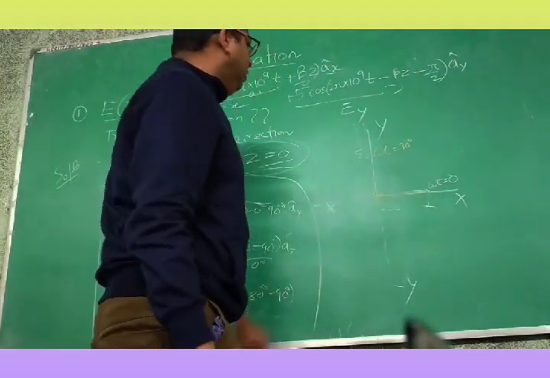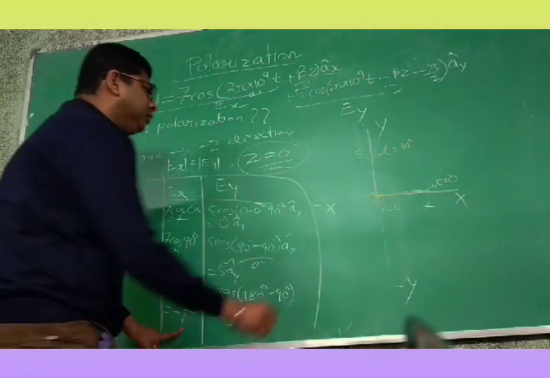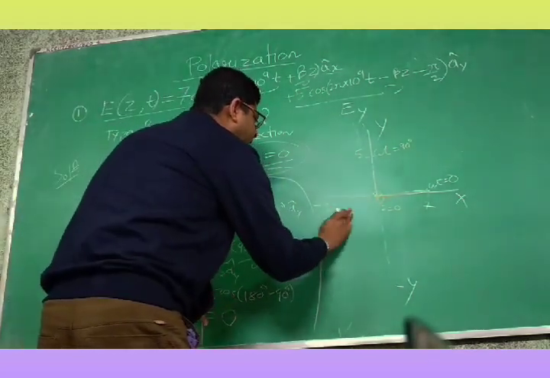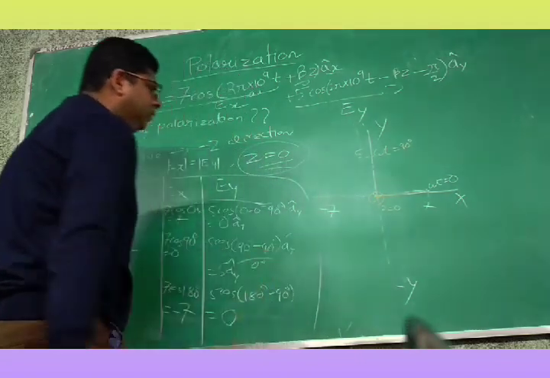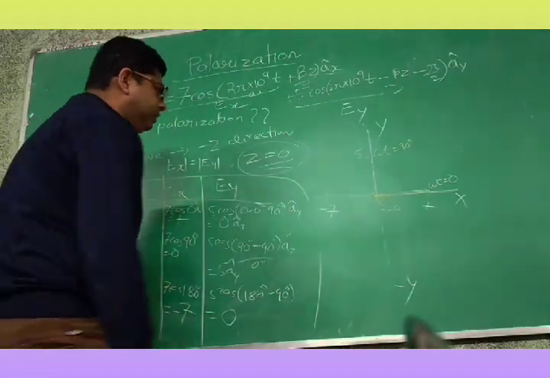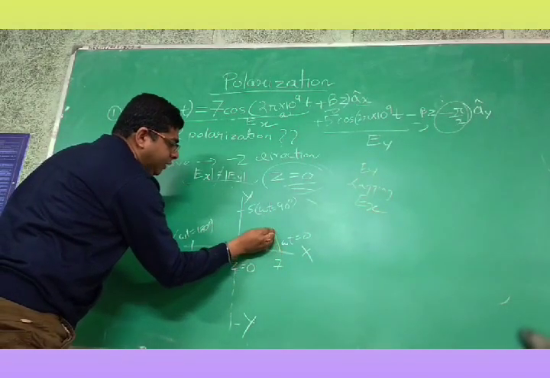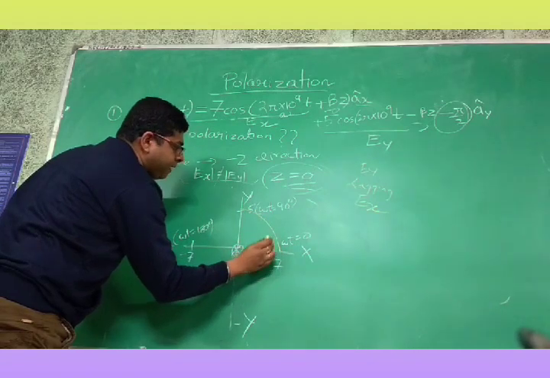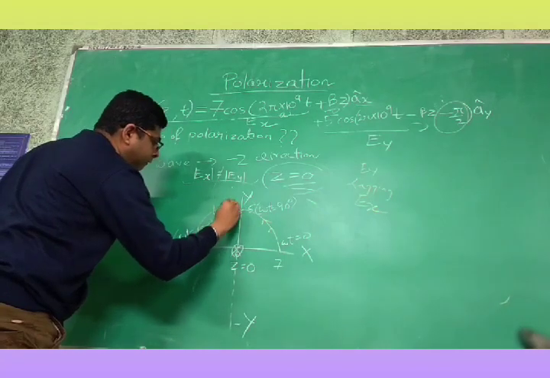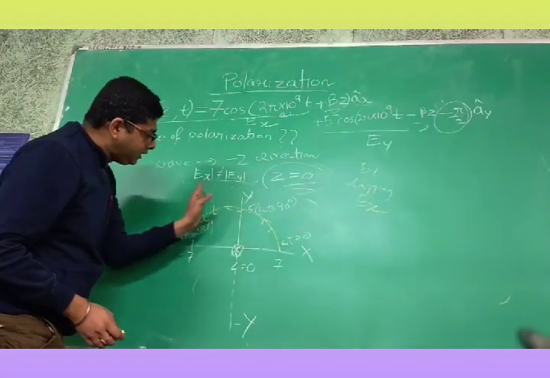So omega t equal to 0 is this, omega t equal to 90 is this, and for pi it is minus 7. Let us consider this is the minus 7, the x component, and Ey is 0. So that way the rotation is in the anti-clockwise direction. This is our starting point, and this way we are moving.